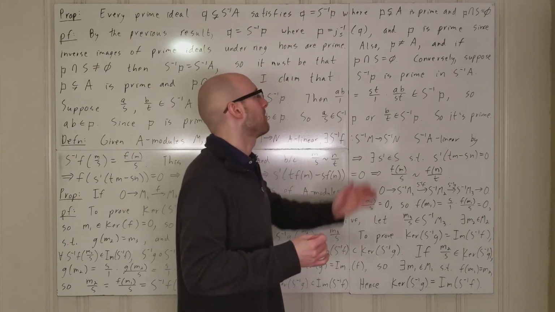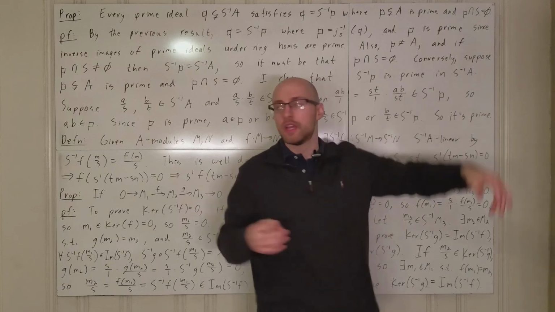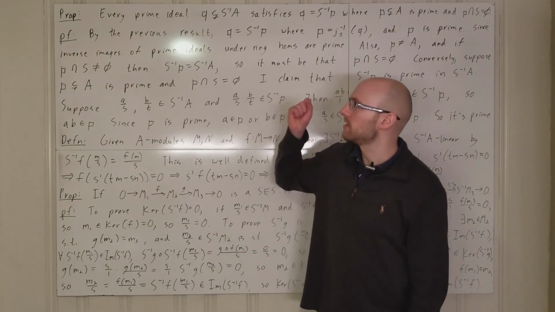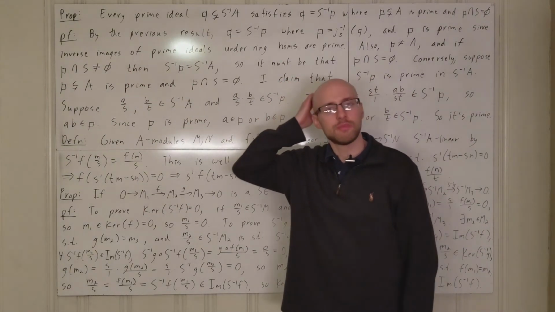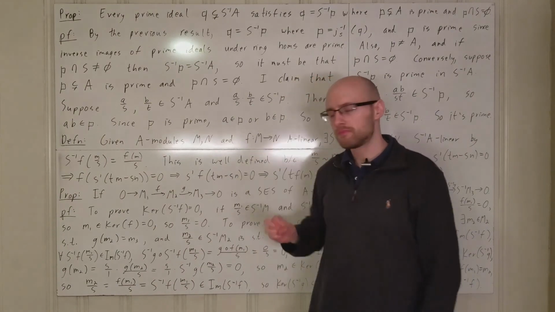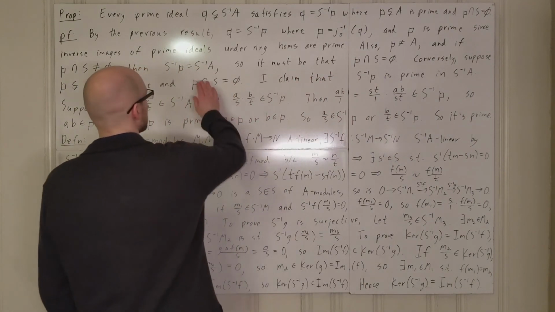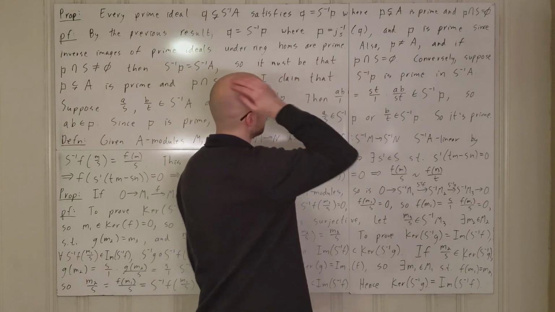But in fact, more happens. If you pull back a prime ideal, you get a prime ideal. And that's something that we talked about a long time ago. But anyways, so that's good.